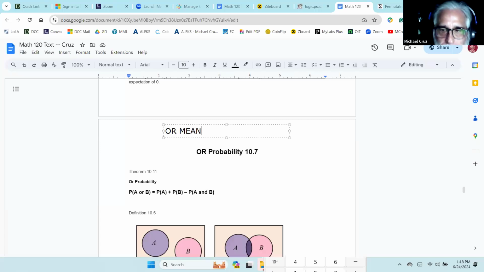Or means add. That's the same thing as the union. When you find the union, you add up all of the ones in your union. You add up what's in the first set and then the second set. And if there are any that are common to both, you subtract those out. Okay.